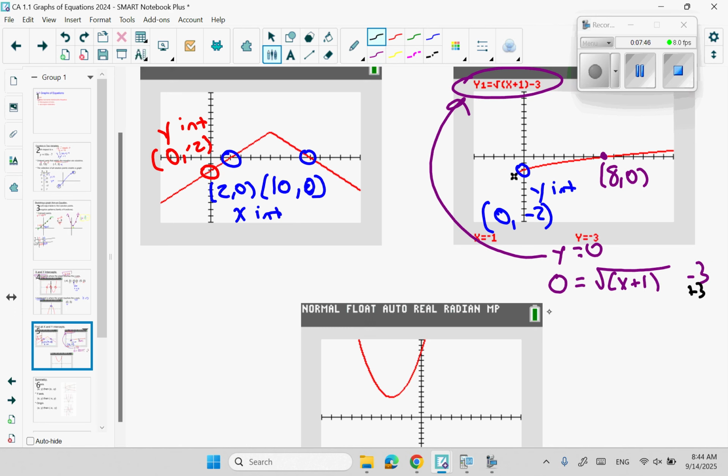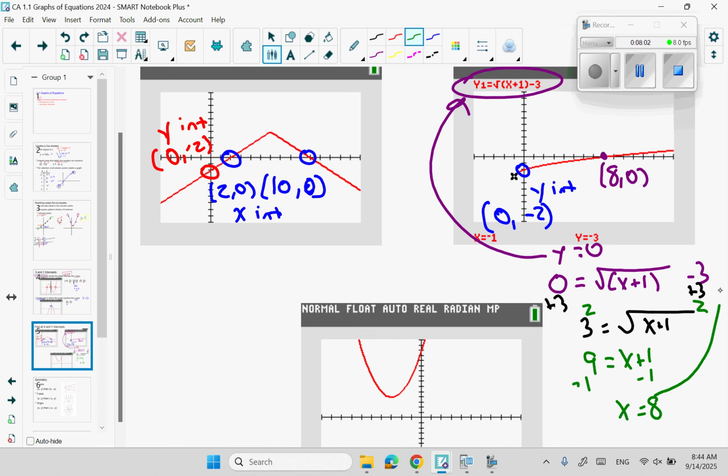So we can add 3, 3 equals square root x plus 1, square both sides, 9 equals x plus 1, minus 1, x equals 8, which is exactly what we showed right there.